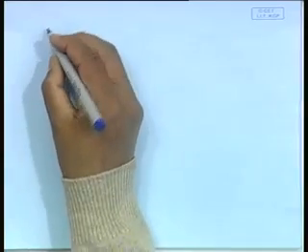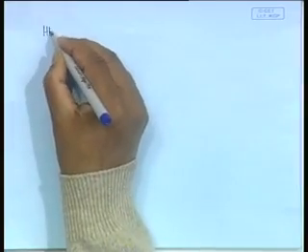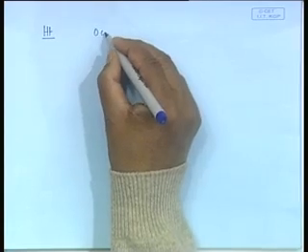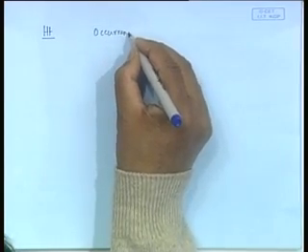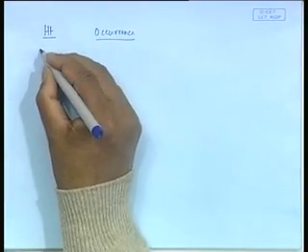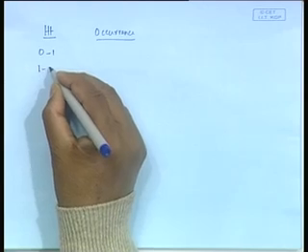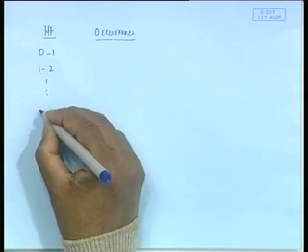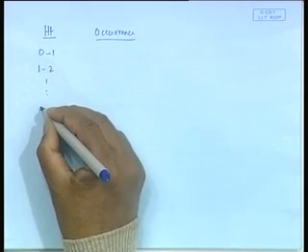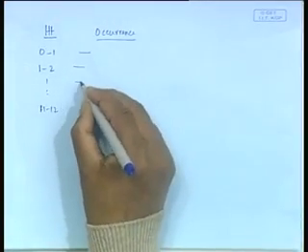Let us say here heights and occurrences. So, you have, say, interval 0 to 1, 1 to 2, like that, etc. And you have these occurrences here.